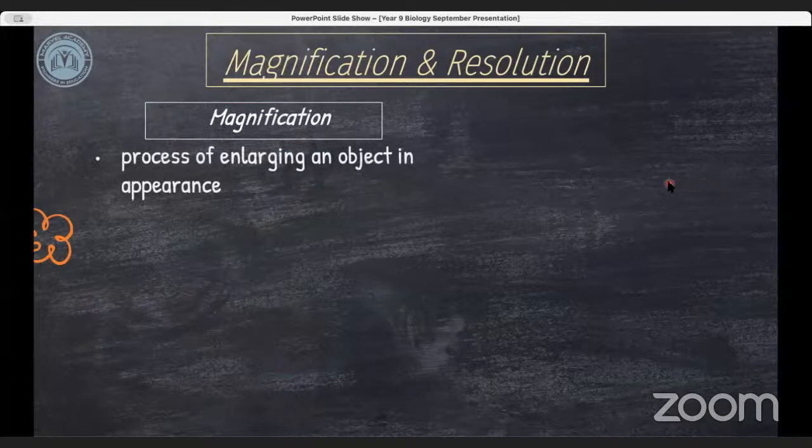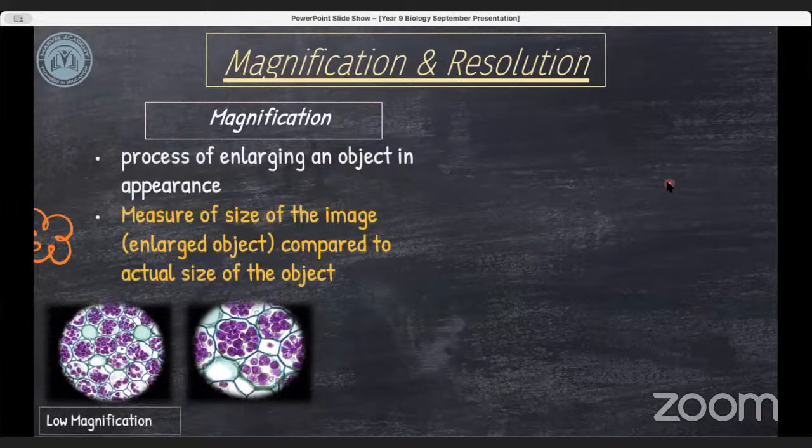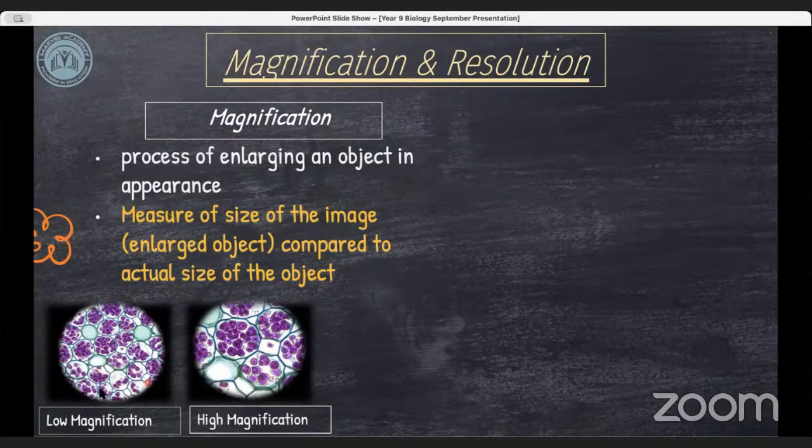Right, children, let's look into the definitions. Magnification means it is a process of enlarging an object in appearance. Now if you have an object here, look at this diagram. This is a low magnification. An enlarged diagram means you can see a bigger version of that image.